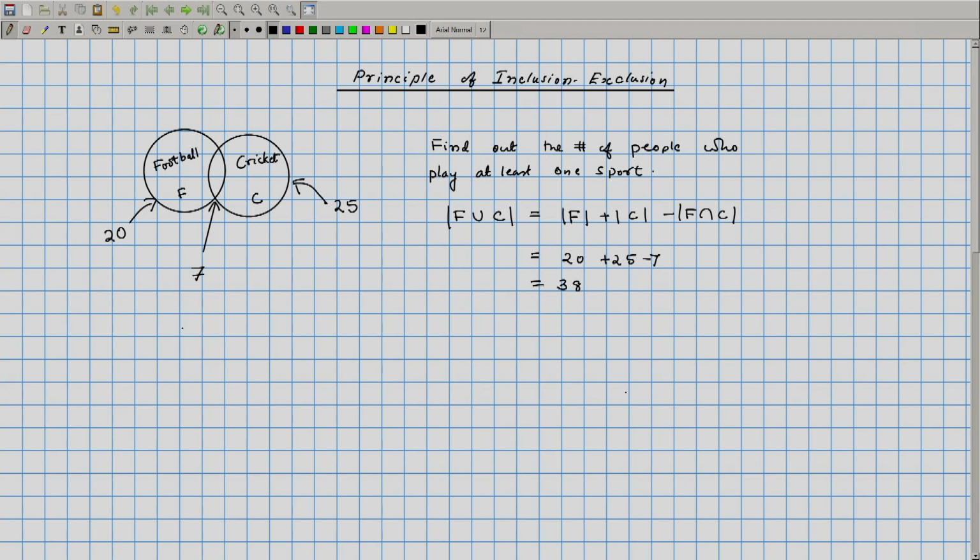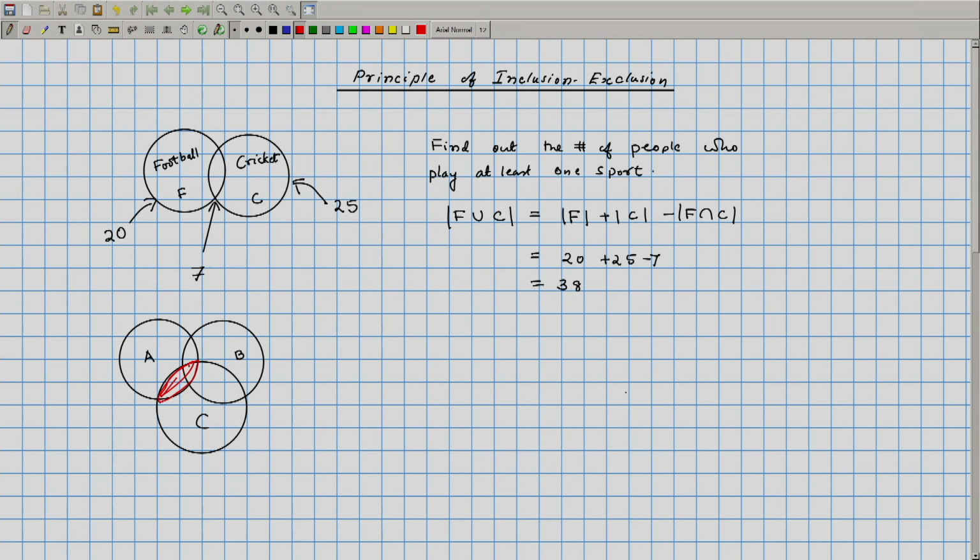Now, in this case we had just 2 games, namely football and cricket, but we could have something more complex. Let us take a more complex example where there are 3 sports. We will just call them A, B and C. This is the set of people who play A, this is the set of people who play B, and the third collection is the people who play the game C. Now, there are intersection regions.